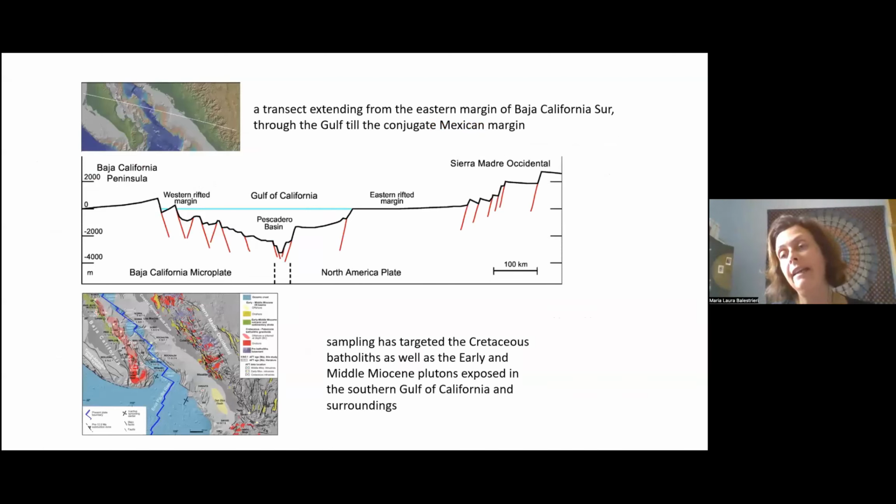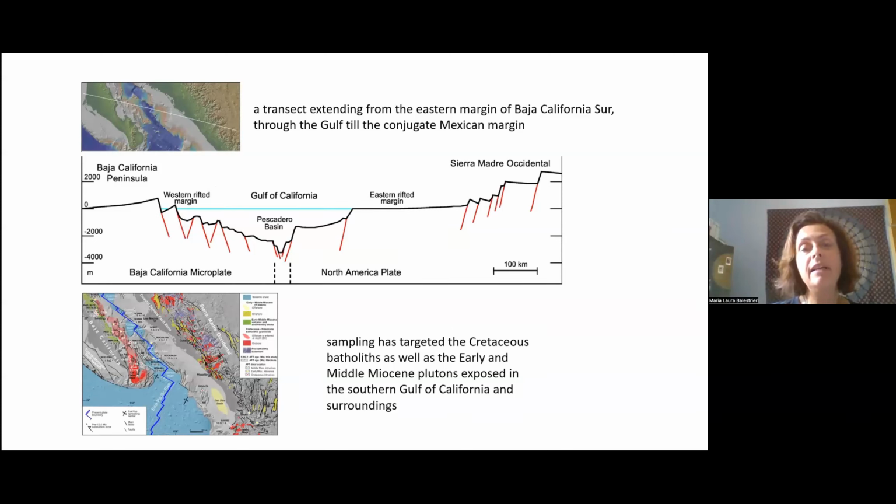To investigate these different models, we have performed a fission track study across the Gulf, with samples collected in the eastern part of Baja California, on the islands inside the Gulf, and on mainland Mexico.